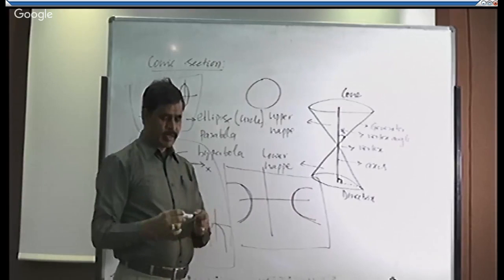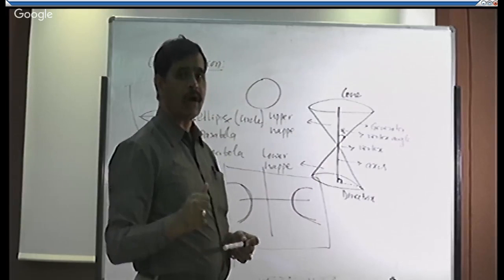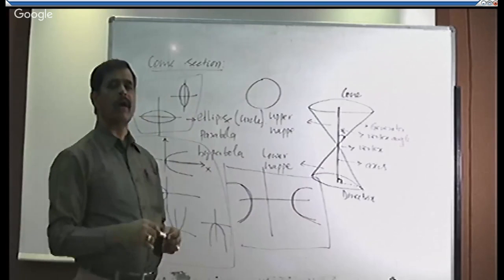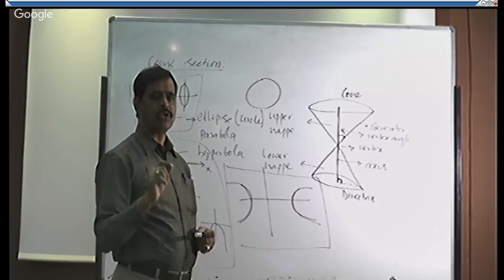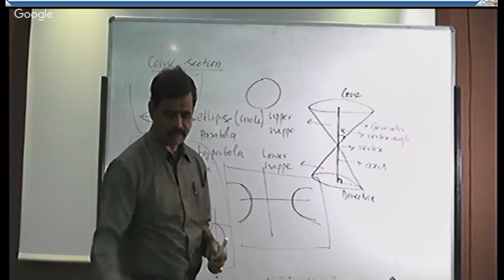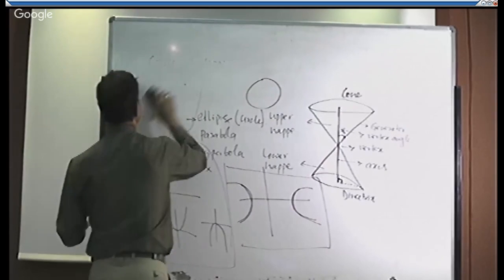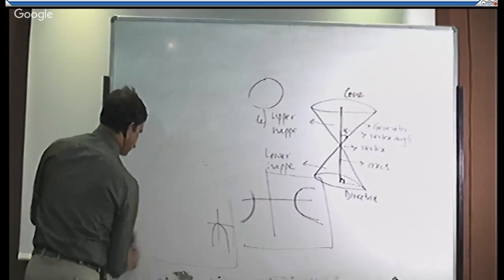So these are the different conics we can obtain. How? By intersection of a plane at different angles and at different positions to a right circular cone. Is it right? Next, let us define some of the important terms related to the conic section.